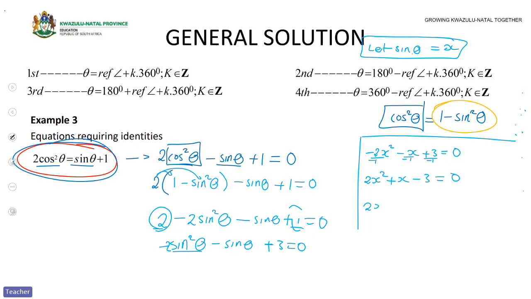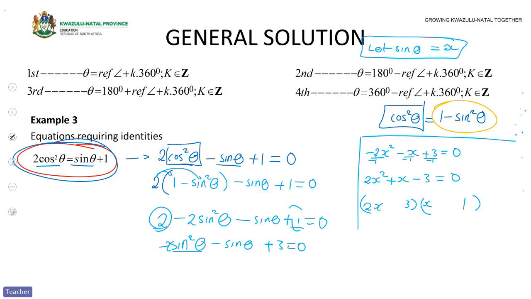Then for us to get the factors here, we know that the factors of 2x squared are 2x and x. And for us to get 3 and also the middle term, we will have 3x as well as 2x. So it needs to be 1 here because our middle term is positive.